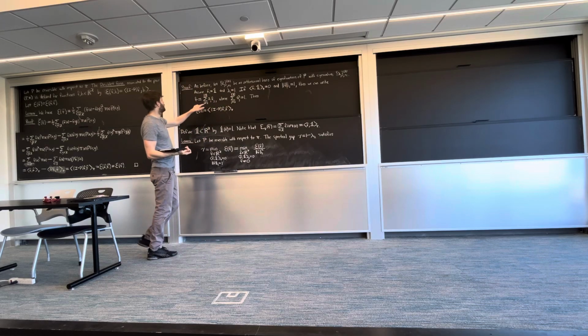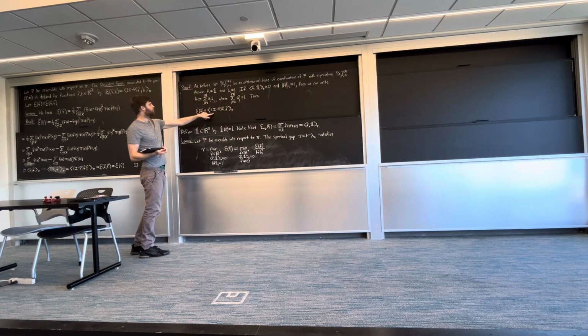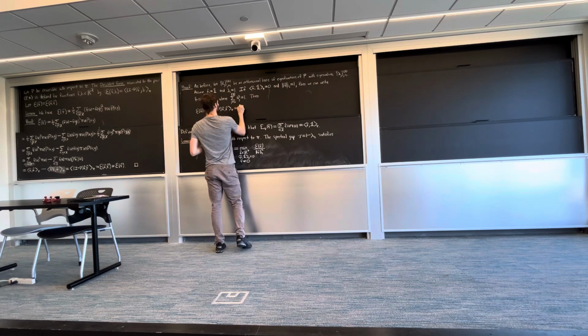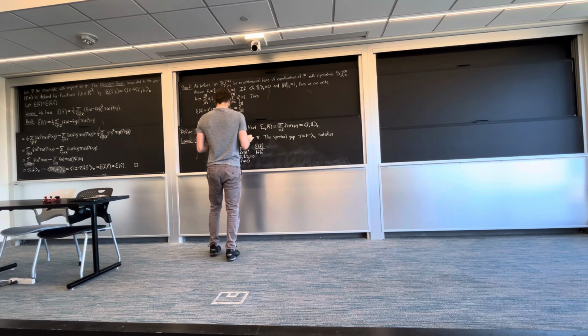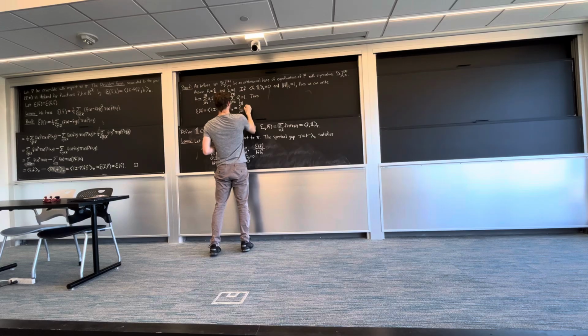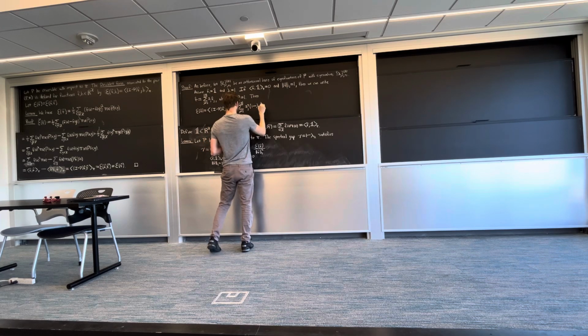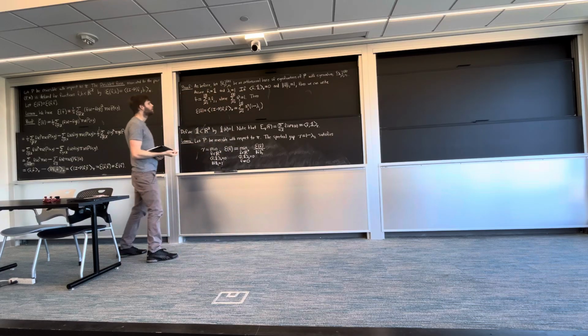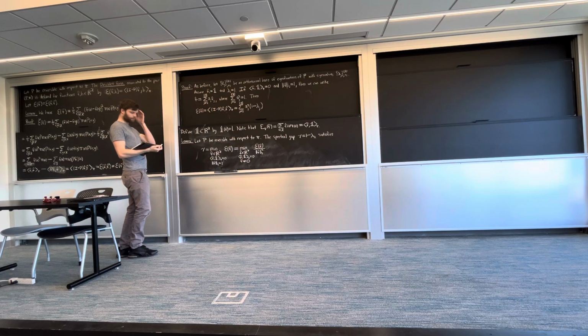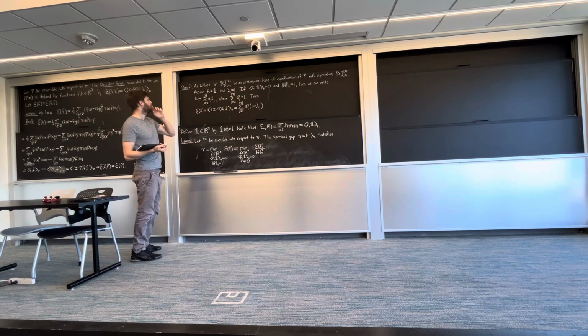If I plug in this expansion, I'm going to get this sum from j equals 2 to the size of X of a_j squared times (1 minus lambda_j).